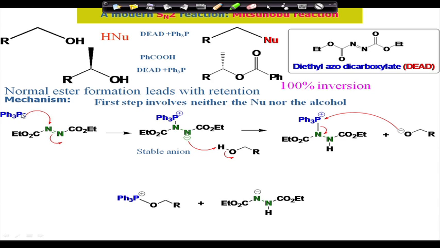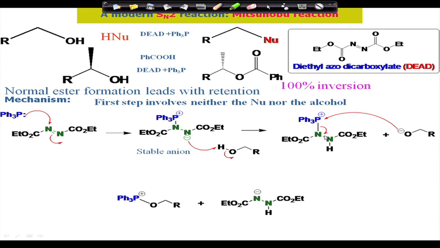What will happen? The triphenylphosphine will attack this nitrogen and the double bond breaks, so it becomes N minus, and that picks up the hydrogen from the alcohol, your starting alcohol. The starting alcohol now becomes an alkoxide, with a methyl here if you start from this compound. Then it attacks the phosphorus, which is now positive, and oxygen has high affinity for phosphorus.